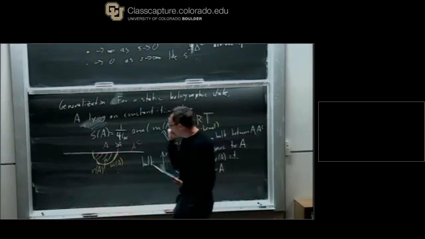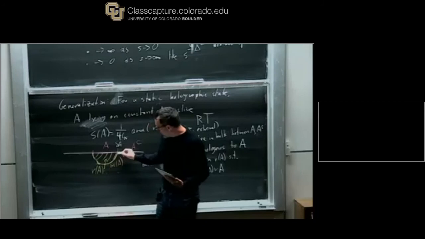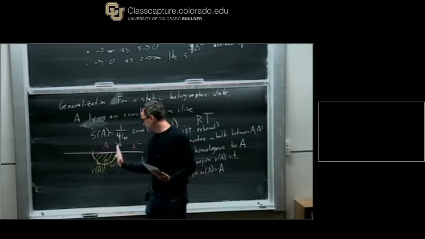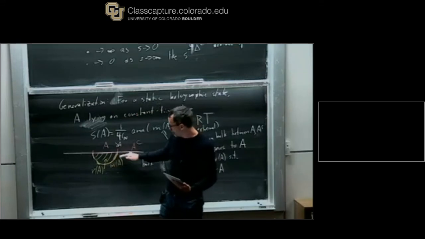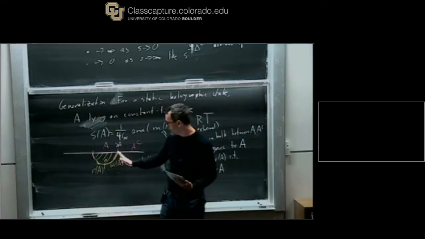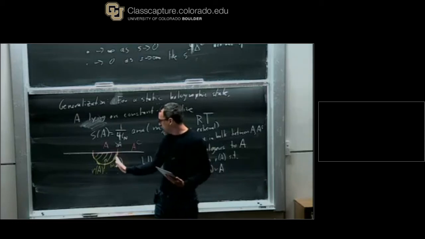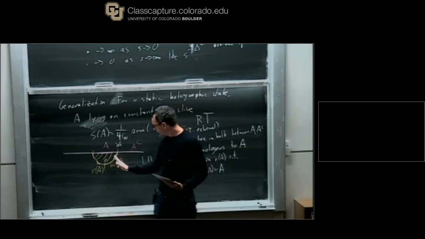If you look at how it meets it, it's going to meet it orthogonally, because this boundary is infinitely far away, and then it should be pretty clear that you get this divergence, that this area is infinite.